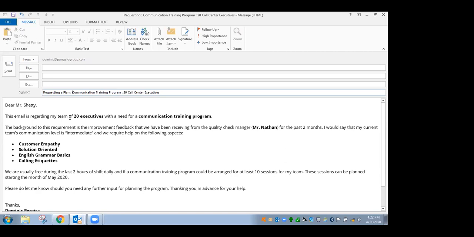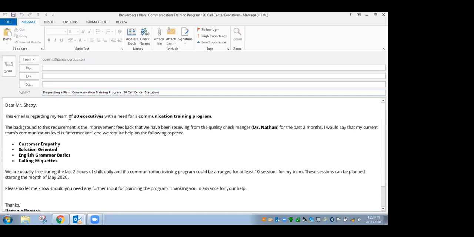Then I've separated that and given the body, which is the background to this requirement: the improvement feedback that we have been receiving from the quality check manager, Mr. Nathan, for the past 2 months. I would say that my current team's communication level is intermediate and we require help on the following aspects.